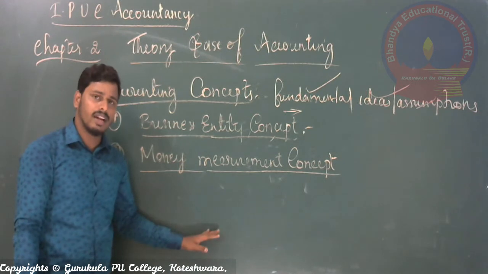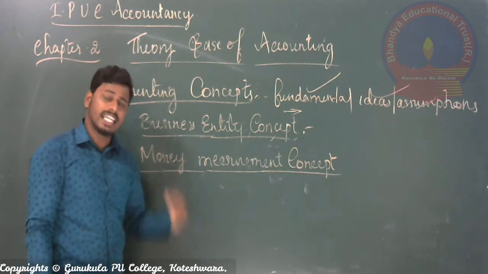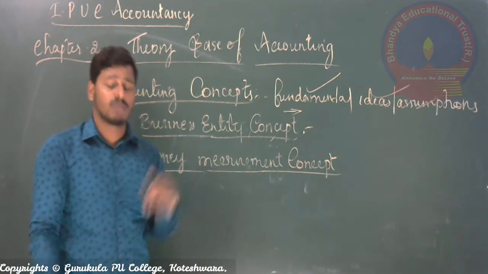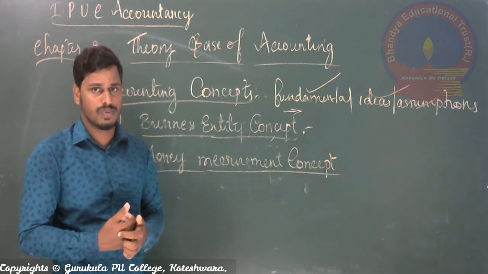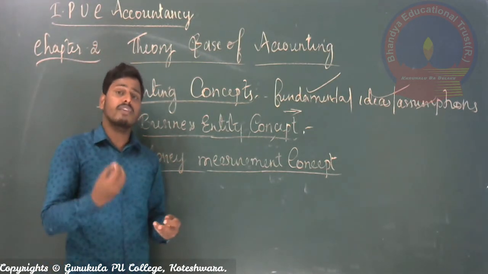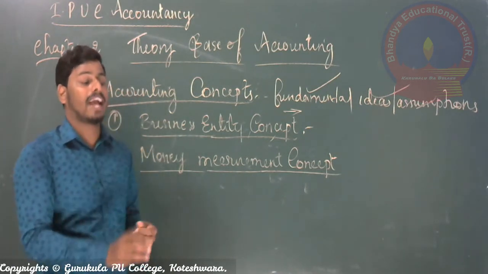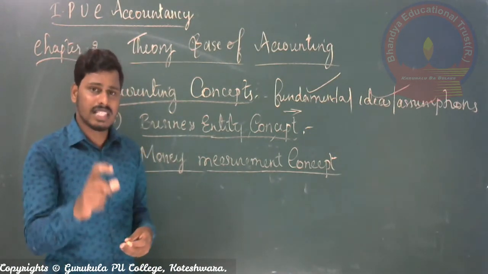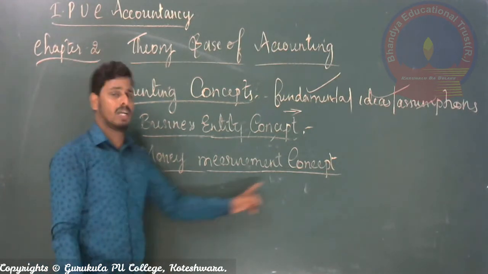I told you the transaction which is going to be identified and recorded in the books of account should have monetary terms. The transaction has the capability of being expressed in money. Then only is it recorded in the books of account. Following this is called the money measurement concept.